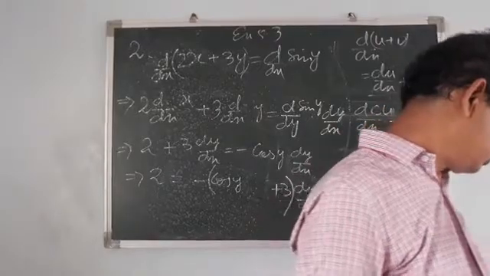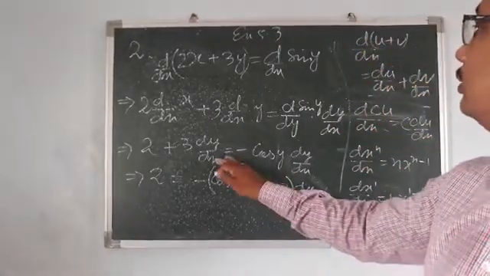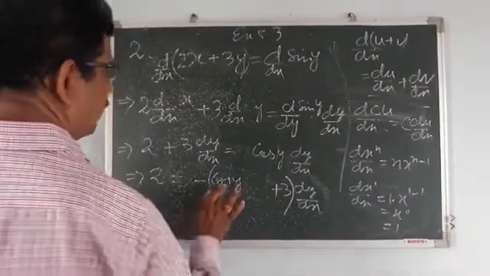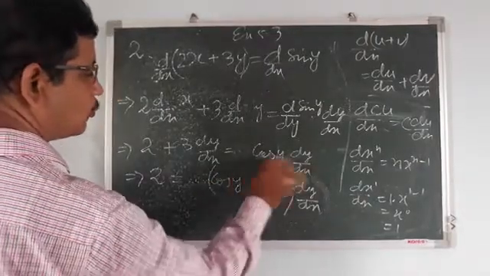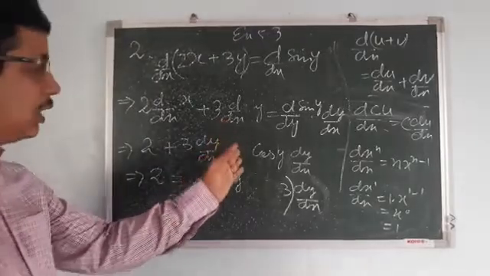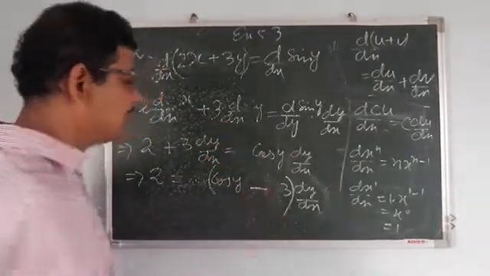So I think it is minus this one. Cos y dy/dx, sin y, it is what? Plus cos y. So no need of getting any minus, sorry. And this if you take, it will be minus 3 dy/dx.